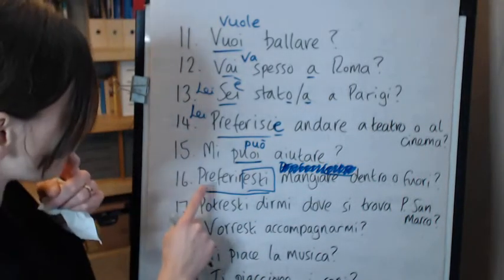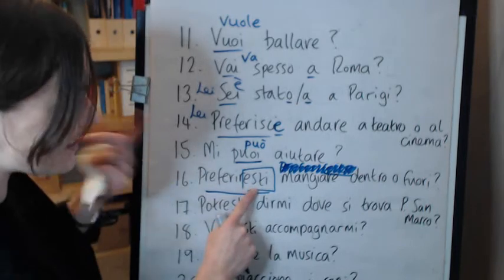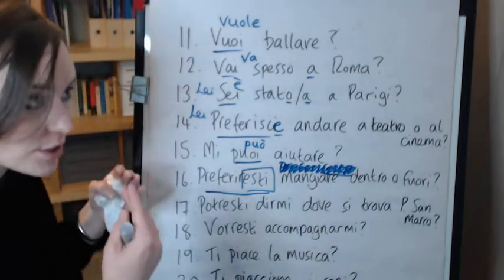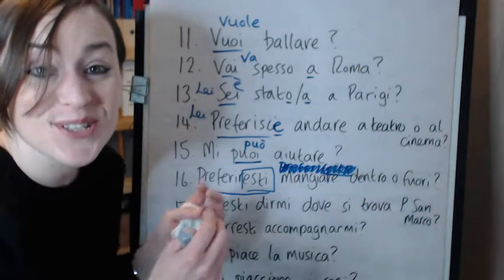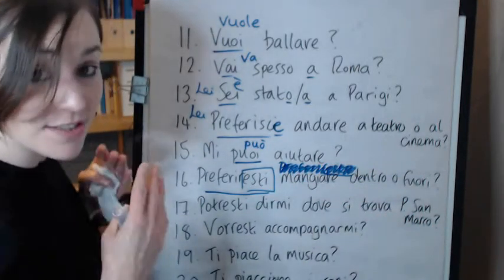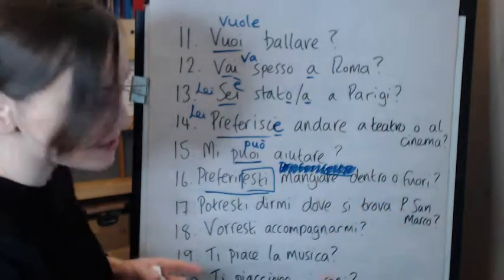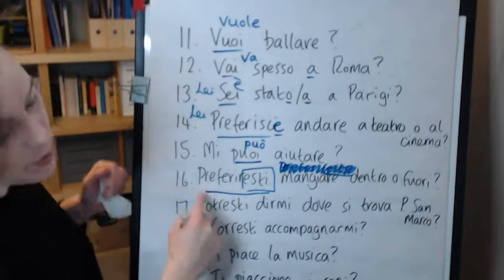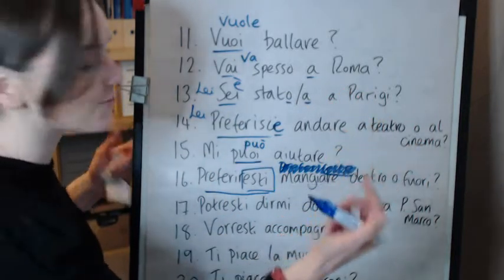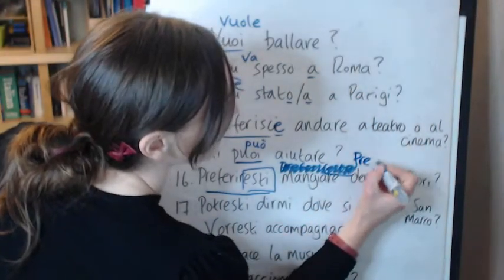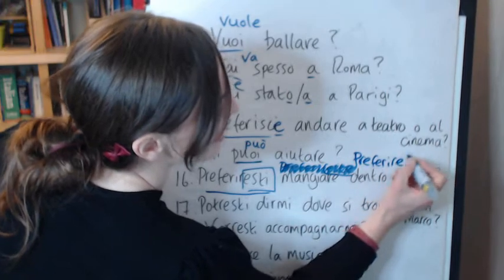So we've got the verb preferiresti. Remember, we're not going from the to singular to the to plural. We're going from second person singular to the third person singular. So let's keep the verb preferire and put it in the third person lei form. So preferirebbe.